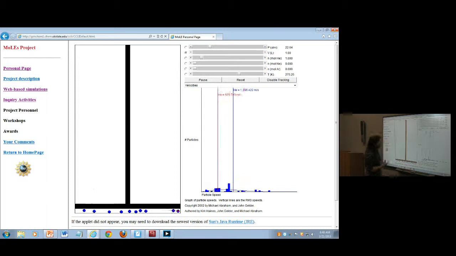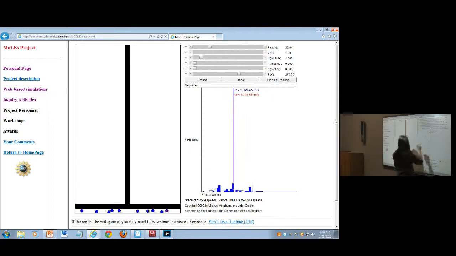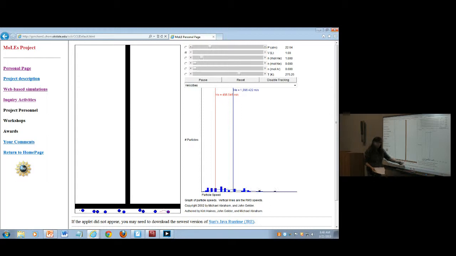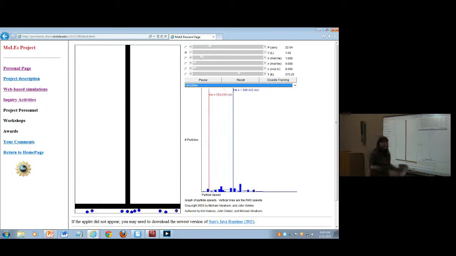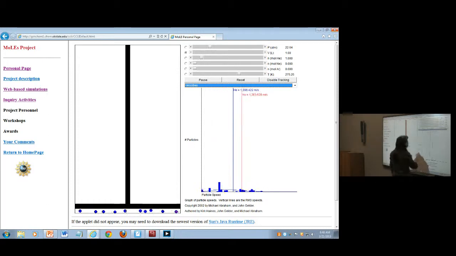So now I've changed the pressure, I was at 1 atmosphere, now it's at 22.64 or something. But notice, even though the pressure changed and the volume decreased right here, what happened to the average speed of that helium? Nothing. It's still going at the same average speed that it was before.